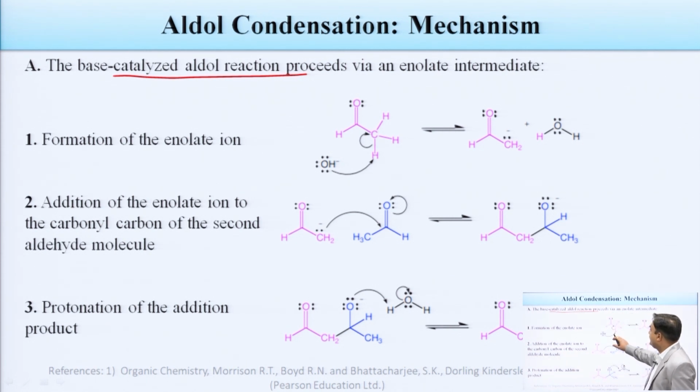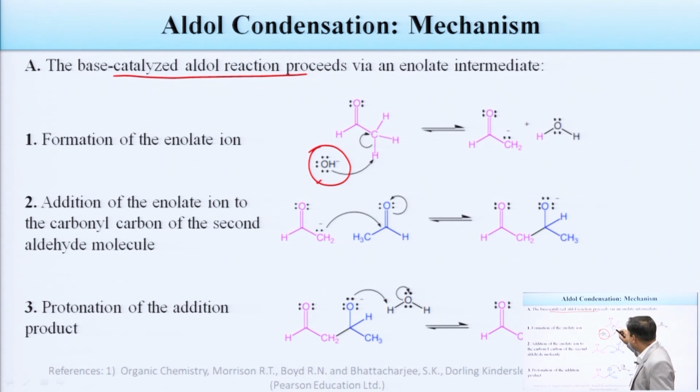You can see this is coming from the alkaline base, you can say NaOH. So, NaOH will give OH minus, that hydroxyl ion now comes to one molecule of aldehyde or ketone. What happens? It abstracts a hydrogen from that particular aldehyde or ketone.